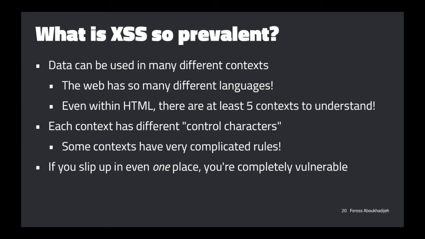So that's one big source of this. It's just confusing. We're going to talk about some of these contexts that HTML has and the different rules for them, and if people make mistakes, how you can attack a site with that. Each of these contexts, like I said, has different control characters, and some of them have really complicated rules. And like with all things with defense, if you make one mistake, then it's game over. So it's really bad.